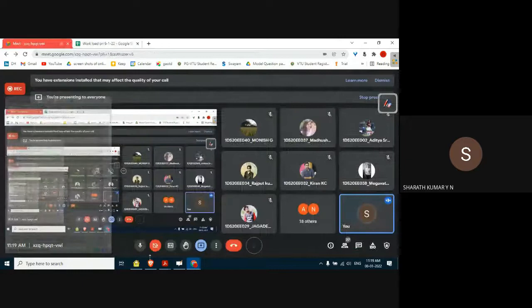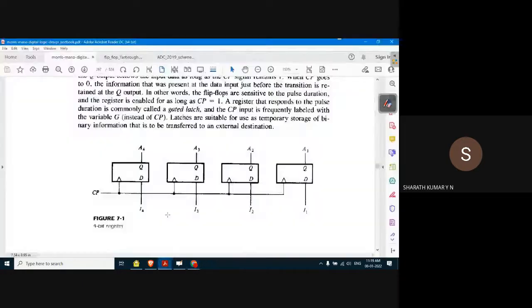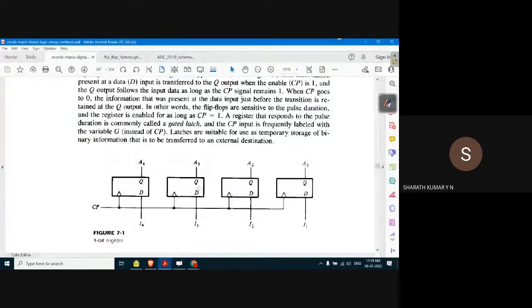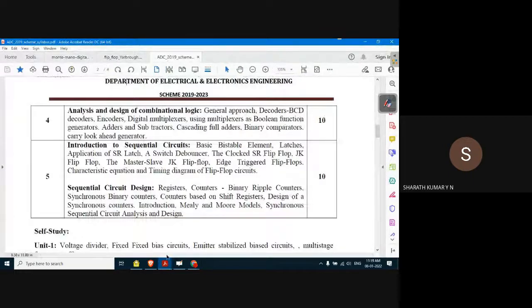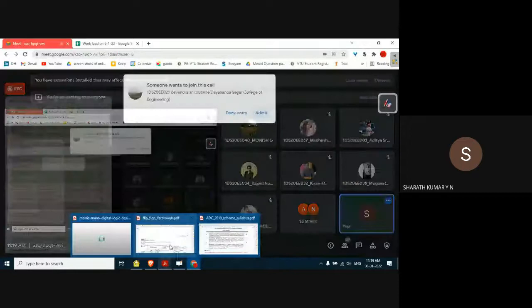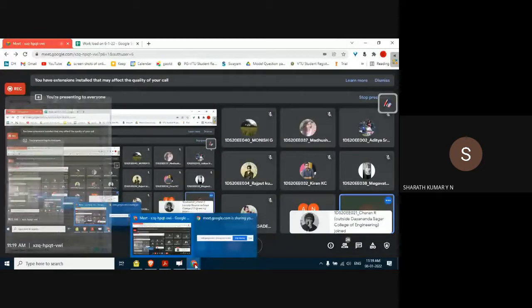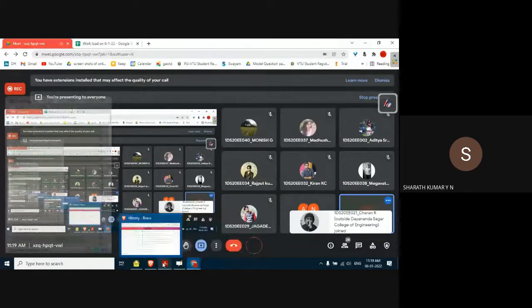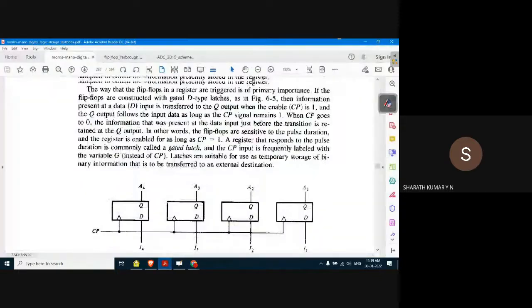Okay, so now we'll discuss the next part of the chapter, that is sequential circuits.